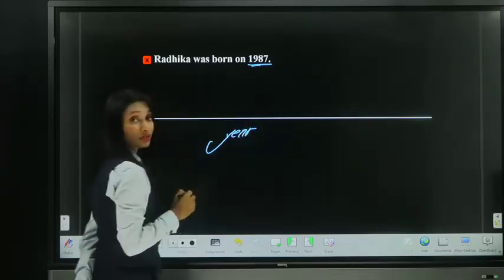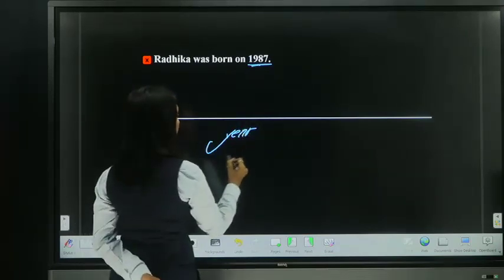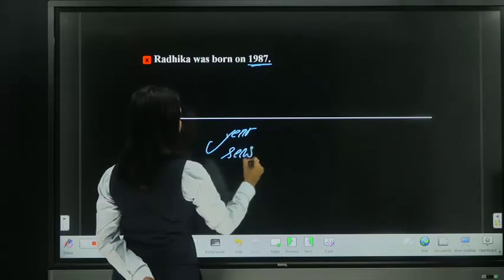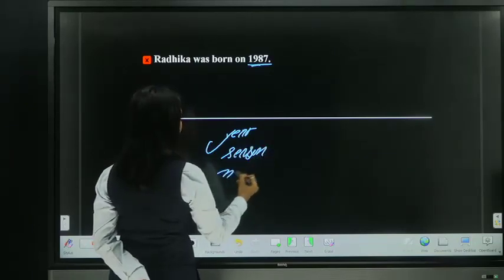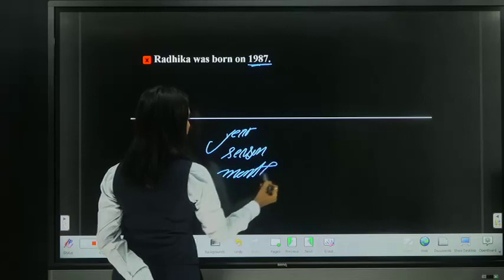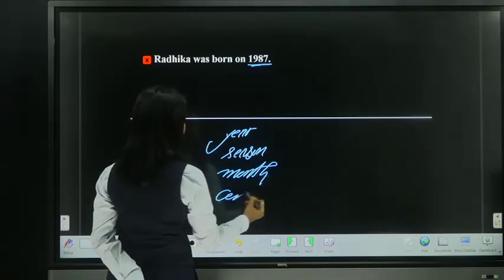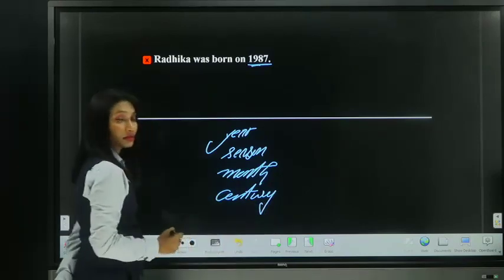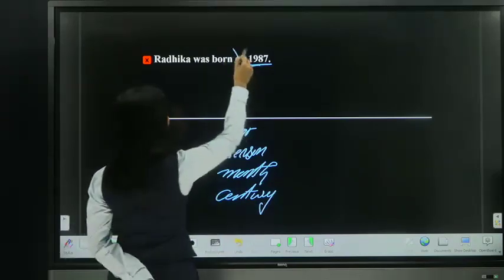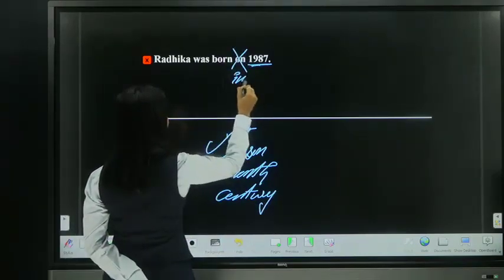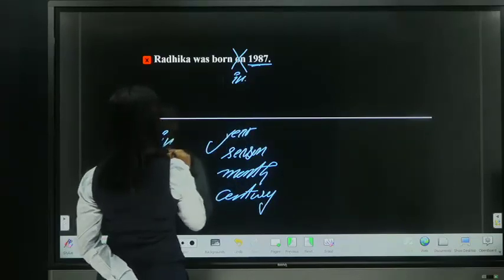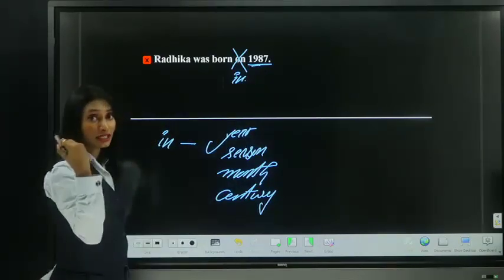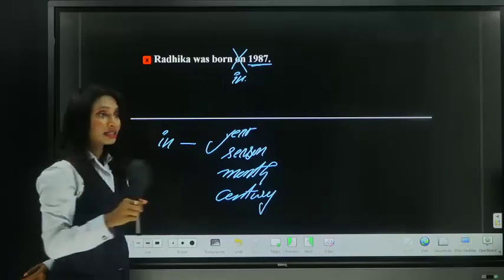So which preposition do we use before years, seasons, months, and centuries? So again, it is preposition in. Radhika was born in 1987. Before it was for place and this is for time.